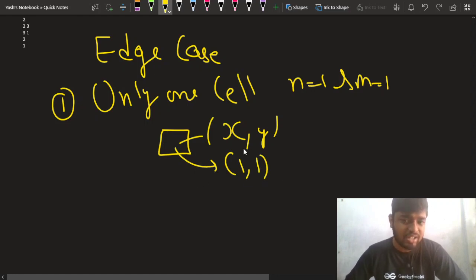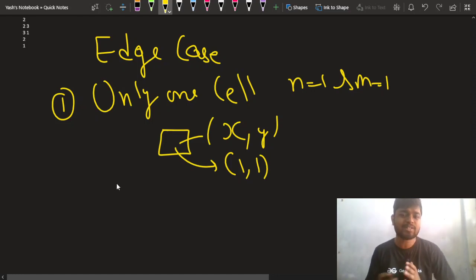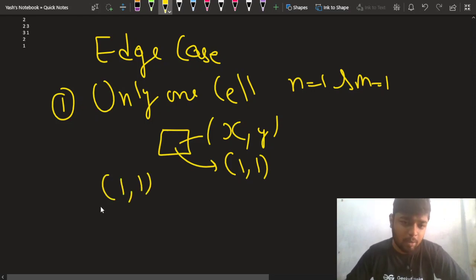Since there is only one cell, you will require zero pairs, that is zero points xi comma yi, because you know that 1 comma 1 will be chosen by the computer, since there is only one cell. So the number of points that you will be choosing on the grid is nothing but 0, right? Let's look at the next case.